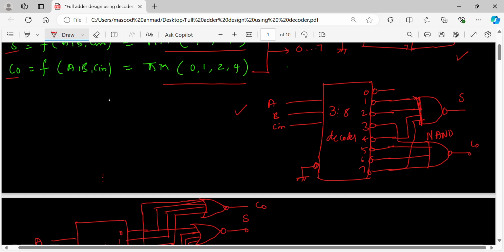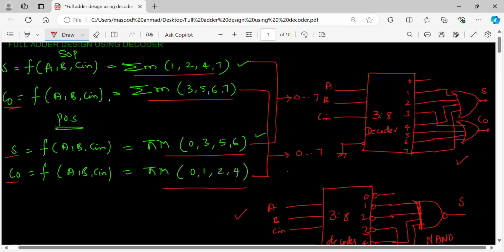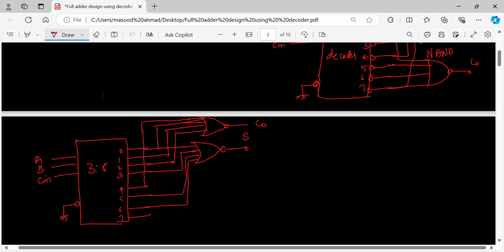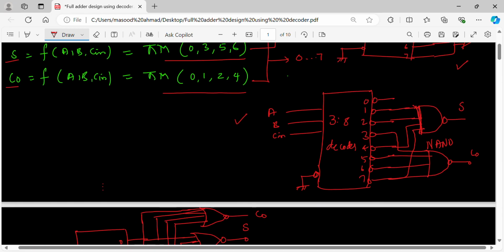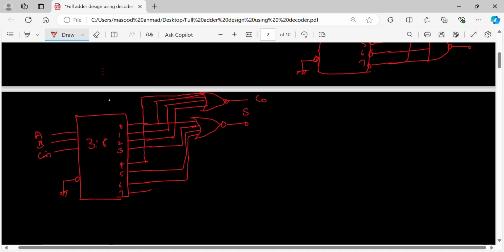So max terms ANDed followed by a bubble will give you min terms, because we want to get these expressions using active low outputs of the decoder. Whereas here, there is no bubble, so we are using a bubble here to get max terms. Similarly, for active low outputs, I can solve the last possibility.